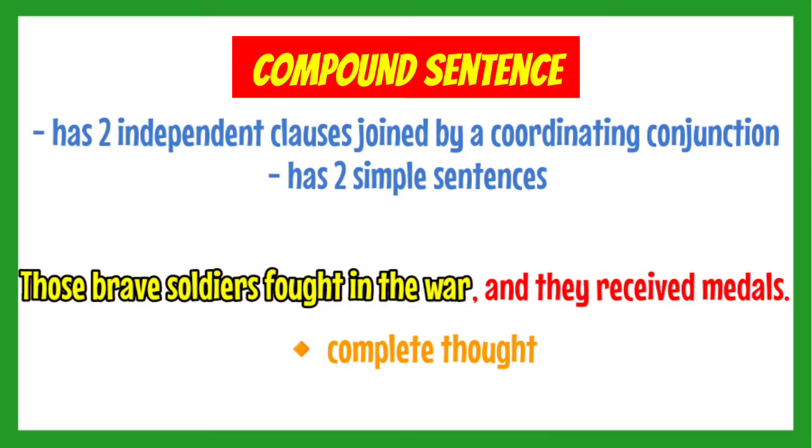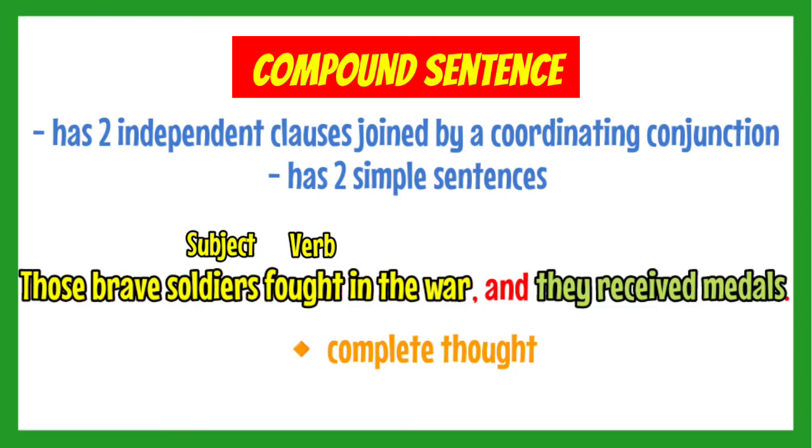It has a subject, which is soldiers, and a verb, which is fought. And the other independent clause is, they received medals. It has a subject, which is they, and a verb, which is received. And as you can see, these two independent clauses are joined by a coordinating conjunction, and.